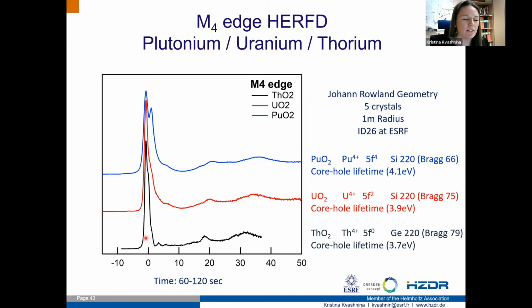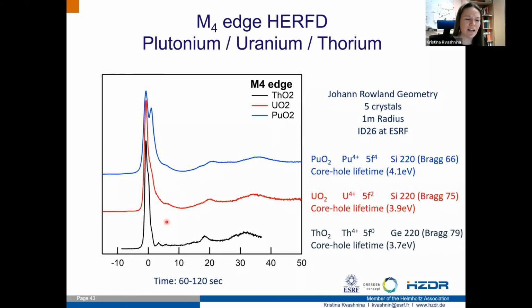And in the case of thorium, even though the Bragg angle is 79 degrees, we really saw the effect. You start to lose sensitivity, and you hardly see the post-edge features which you observe here. This was not so dramatic in the case of uranium. We didn't probe plutonium yet, but in uranium, at least the feature and the sensitivity were still there. I mean, definitely it was broader, but I didn't find it as dramatic as for thorium.